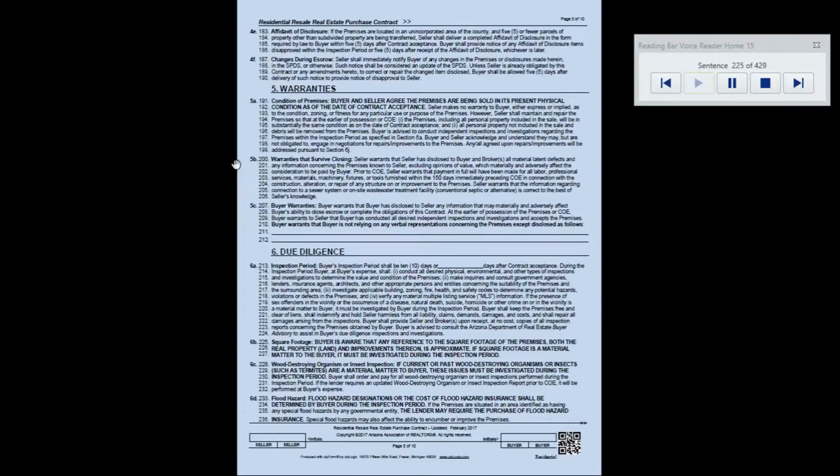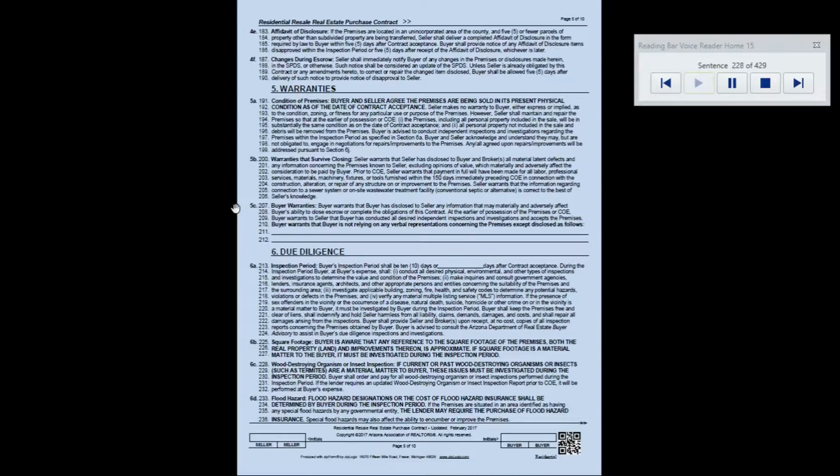Seller warrants that the information regarding connection to a sewer system or on-site wastewater treatment facility, conventional septic or alternative, is correct to the best of seller's knowledge. 5c. Buyer warranties. Buyer warrants that buyer has disclosed to seller any information that may materially and adversely affect the buyer's ability to close escrow or complete the obligations of this contract.